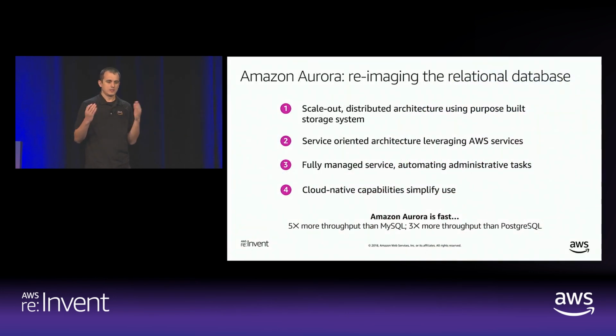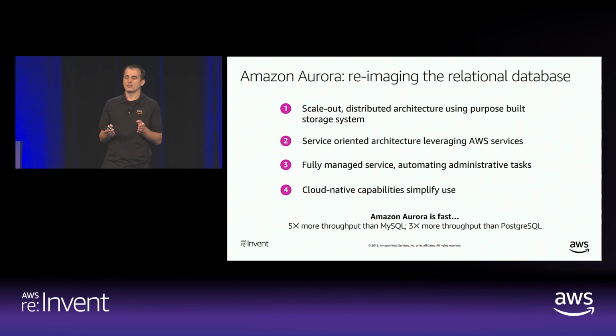Really quick, just for the folks that might not be as familiar with Amazon Aurora. Amazon Aurora is a cloud-native database. We've taken the traditional, mostly monolithic model of a relational database and adopted and implemented a lot of the scale-out cloud patterns in the process of reimagining it.